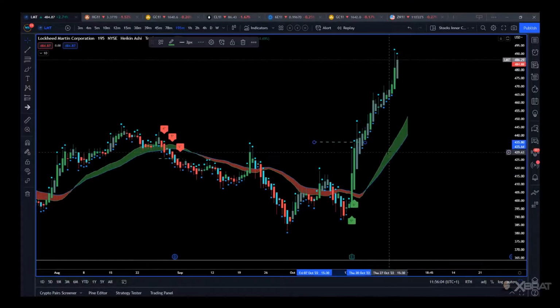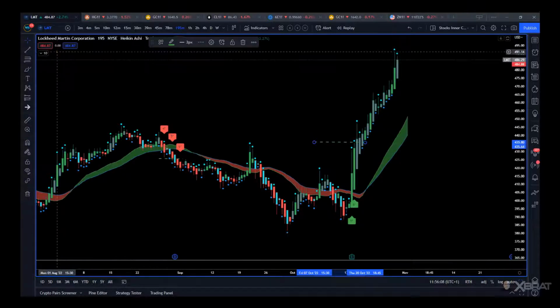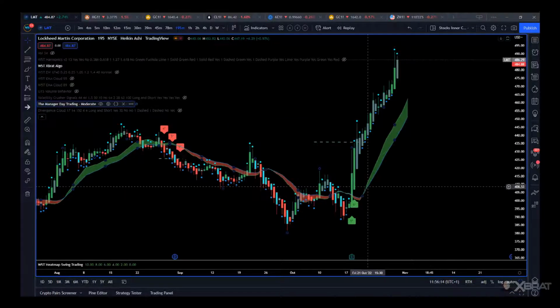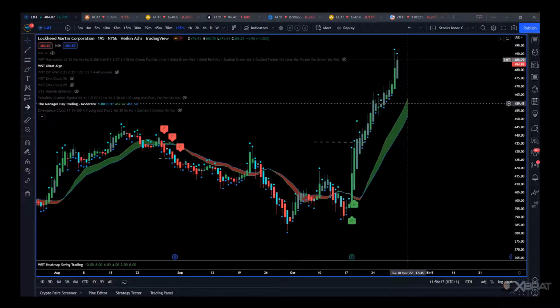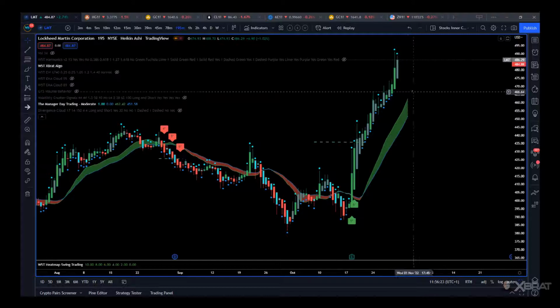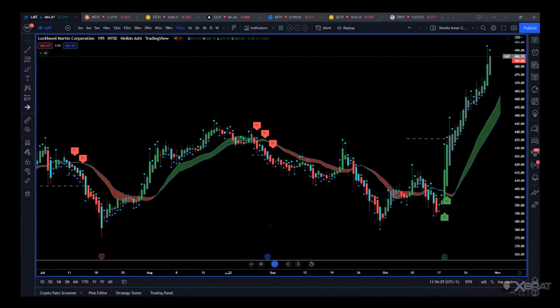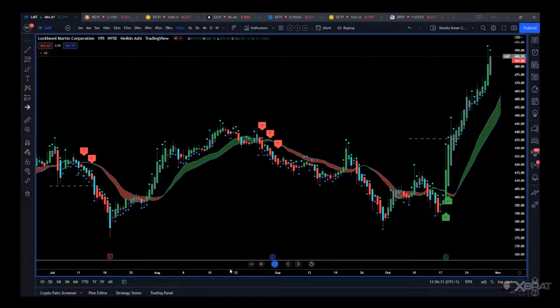Because this was quite a parabolic move, we can adjust the manager now to maybe day trading moderate. You see how much tighter that is? The distance between the high and the low of the ribbon is slightly less, and this would give us a more aggressive trade management strategy. But right now, very, very simple. So we've gone through 3 trades in a quarter. That's what swing traders should be looking at.